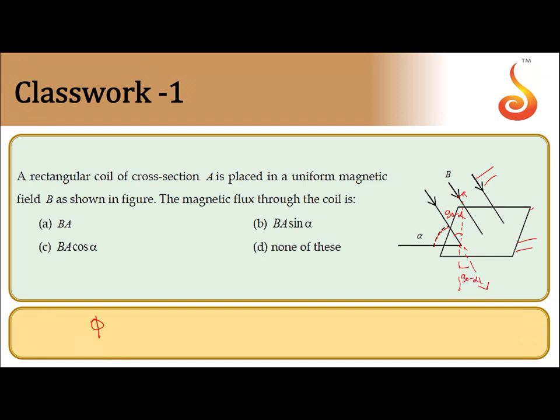So flux through the surface is BA cos theta, but here theta is 90 minus alpha. In the formula, theta is the angle between magnetic field vector and area vector. Since it is 90 minus alpha, it will be BA cos of 90 minus alpha, we know it is sin alpha. So it should be option B.